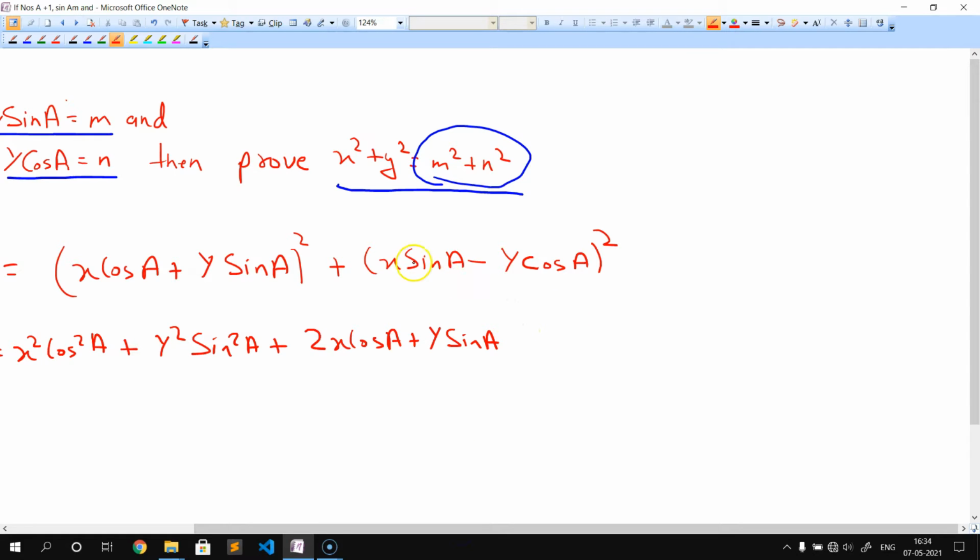And if we open this bracket, it will become plus x square sin square a plus y square cos square a minus 2x sin a y cos a.